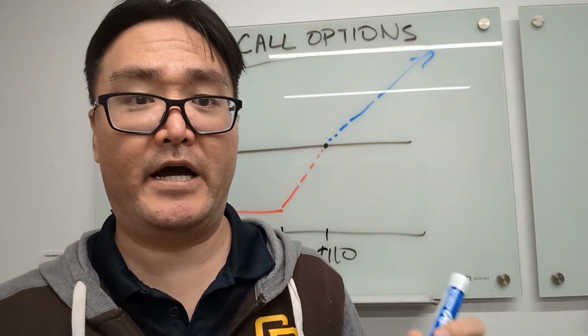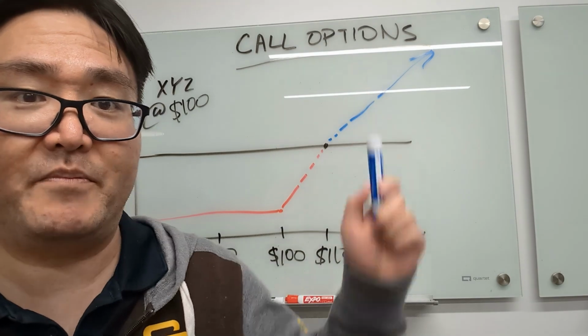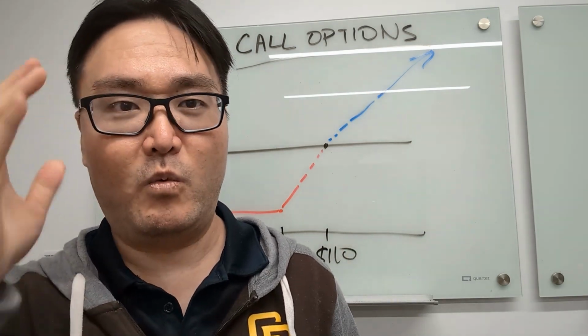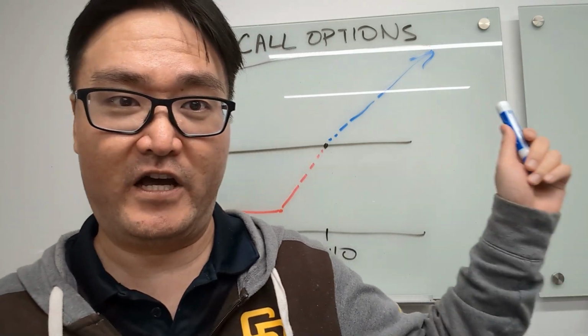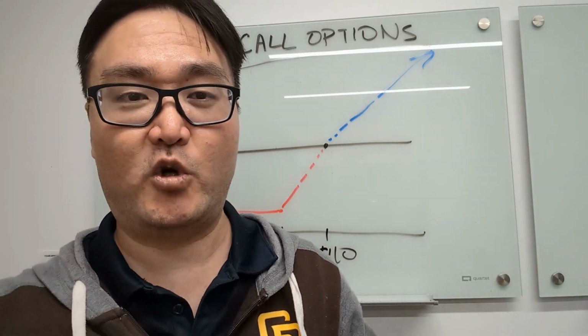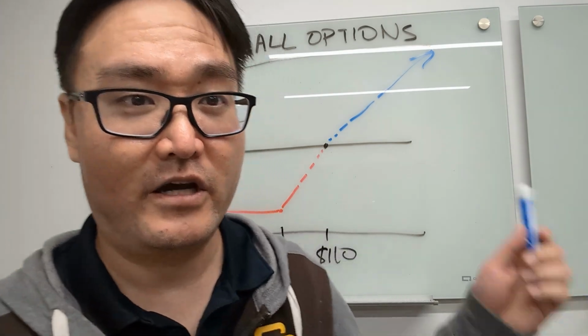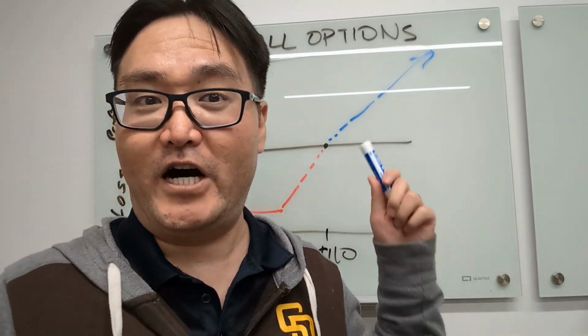Theoretically speaking, a stock price has no upside limit. So while I mentioned that there is a risk of the call seller absorbing unlimited losses, you as a call buyer may have unlimited gains.